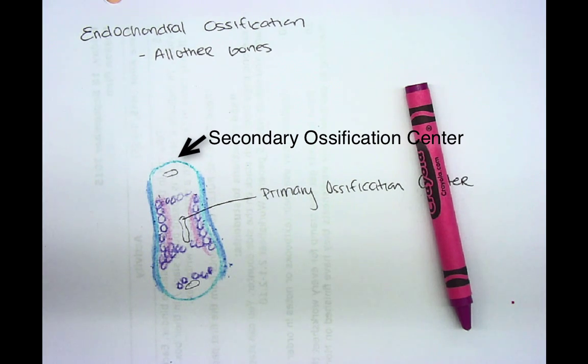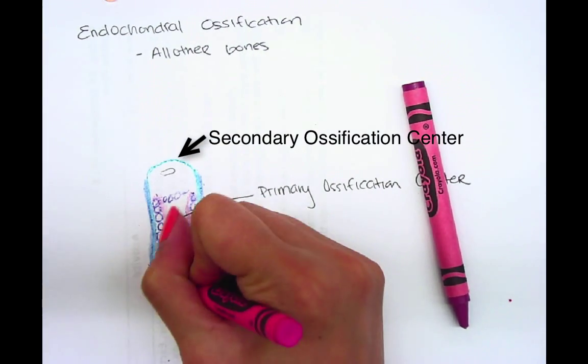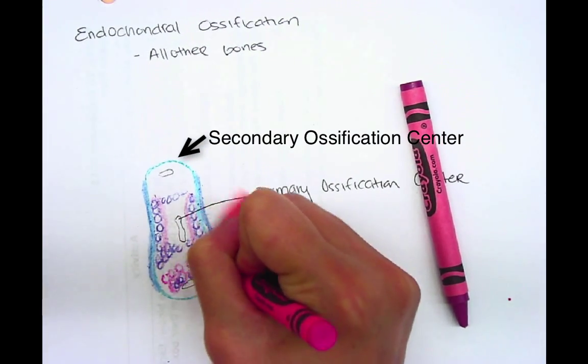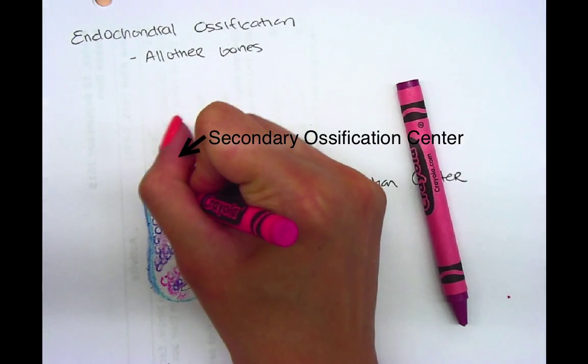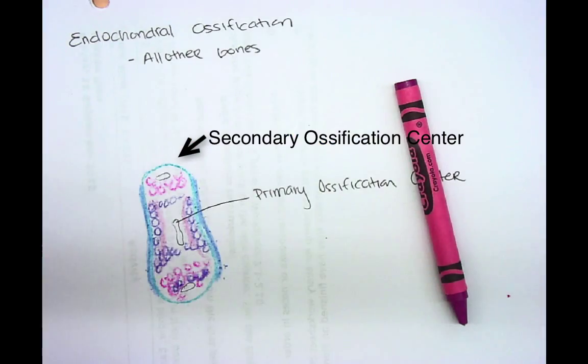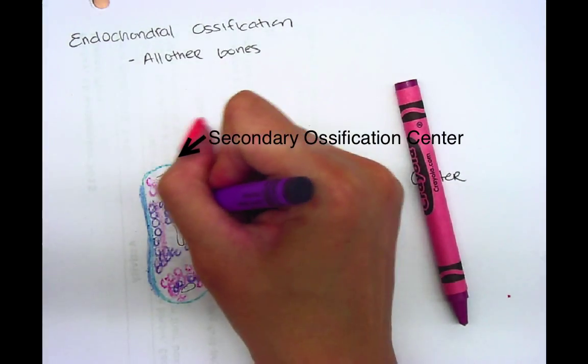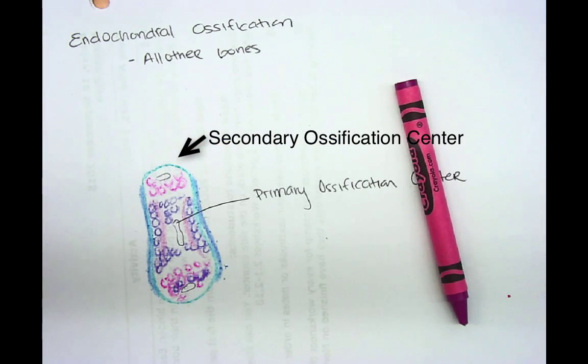So these secondary osteoblasts are going to start forming their osteocytes, and they start moving inward here, while the osteoblasts from the primary ossification site keep moving outward, and where they meet, that's known as our epiphyseal line or epiphyseal plate.